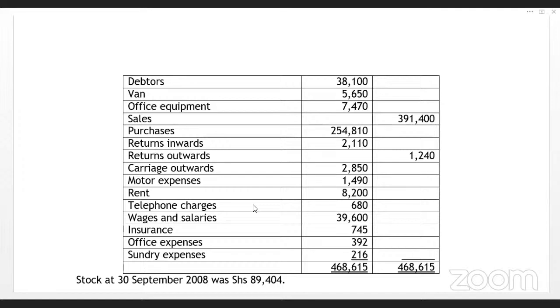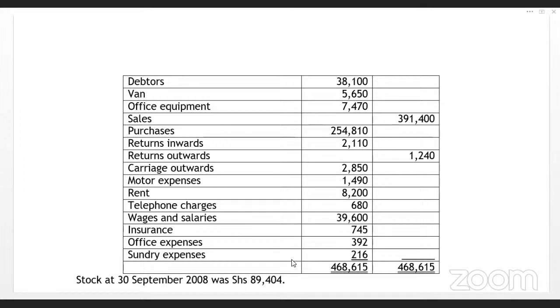Rent 8,200. Telephone charges 680. Wages and salaries 39,600. Insurance 745. Office expenses 392.